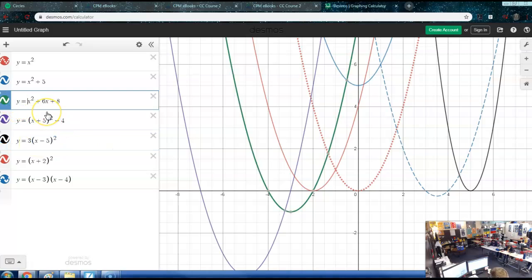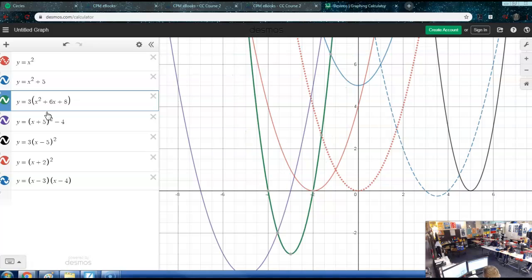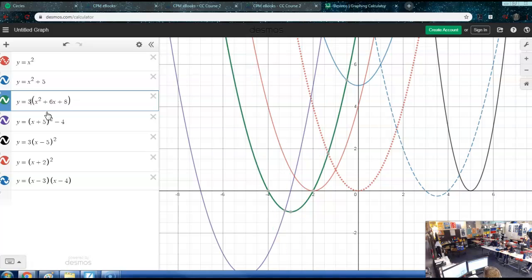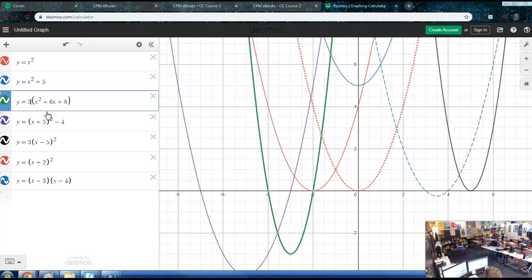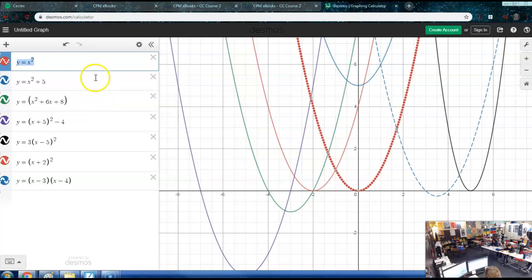Say right here, if I put this in parentheses, and I put a multiplier in front of all of it, that also bumped down, because remember there's a different B value and a different C value in there. So that 3 will actually impact the other values. The parent function is this, then we shifted vertically, up and down.